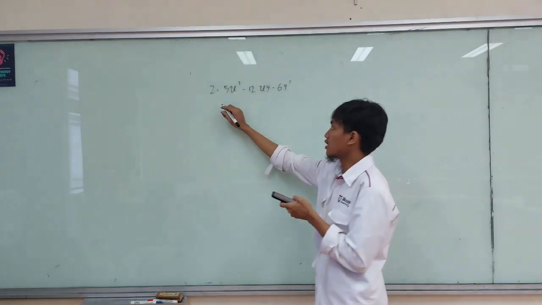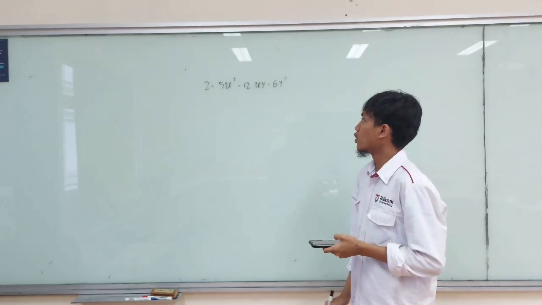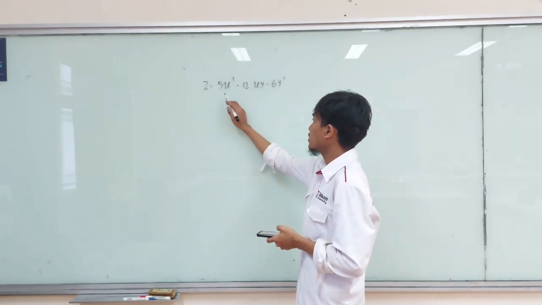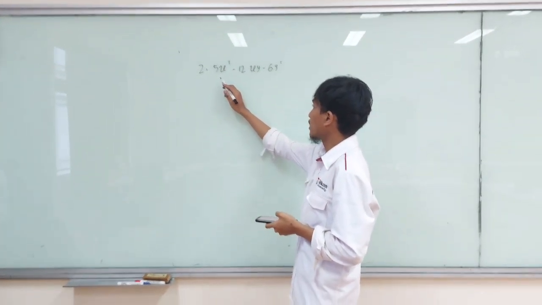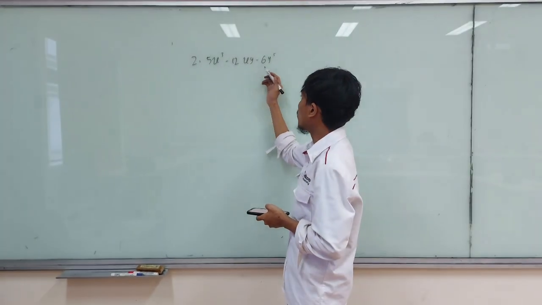How to make it into partial is we have to define which is the derivative of x, which is the derivative of y.